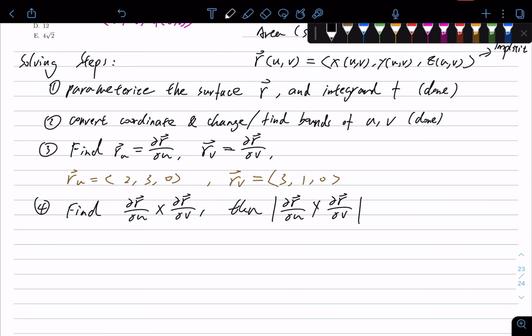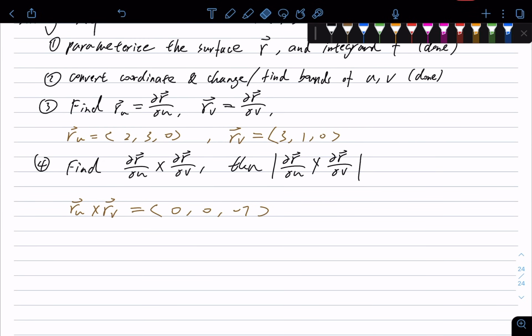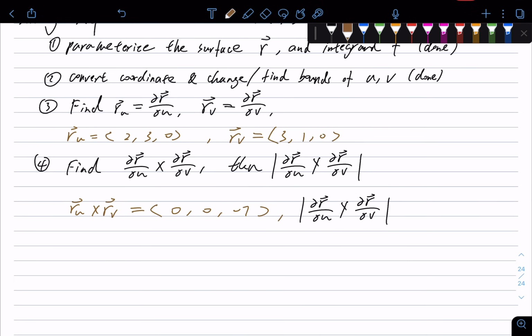So r_u cross r_v, we're going to get (0, 0, -7), just by taking the cross product of this vector and that vector, and then the magnitude of this whole thing is going to be simply 7.